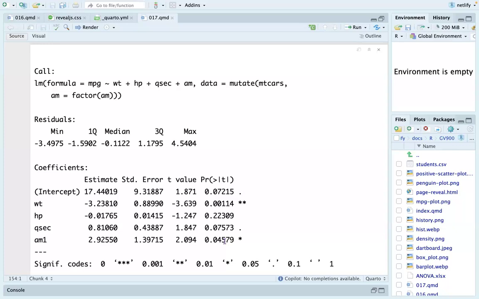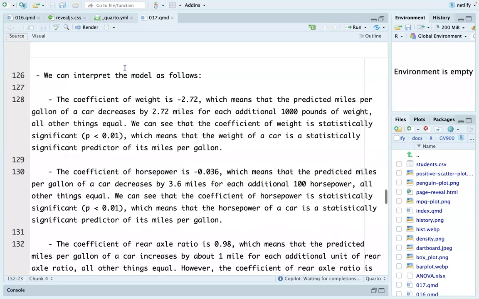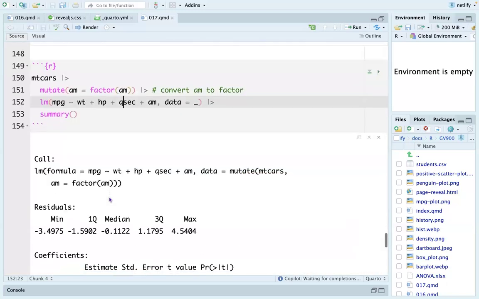If we want to prove that the transmission mode is also important to miles per gallon, you might want to use this one instead of this one. But that's not a good idea because you are just trying many different variables in order to get the outcome you expected.